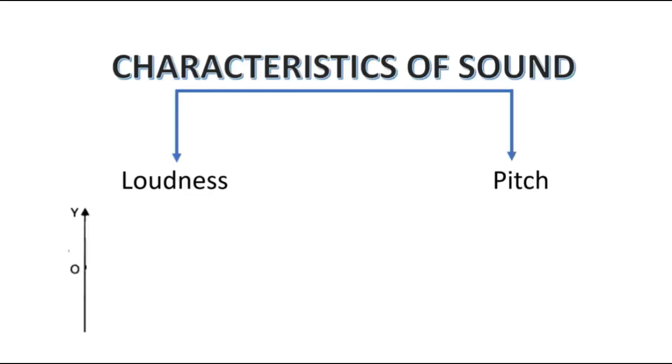Now when you draw a vibration as a diagram, it will be in terms of crest and then trough. Look at the picture here on the screen. It starts at the initial position, goes to one end, then comes down and goes back to the initial position.